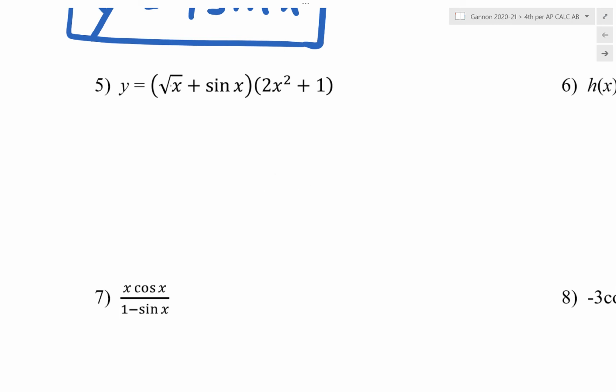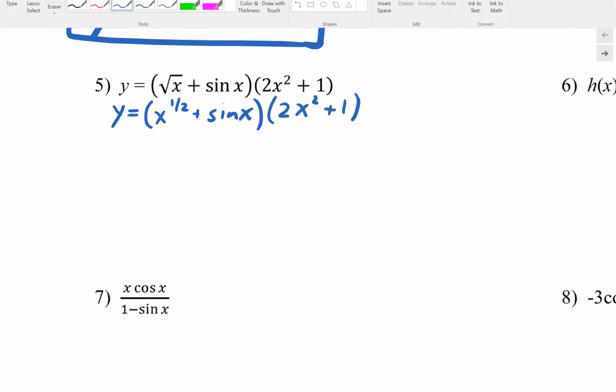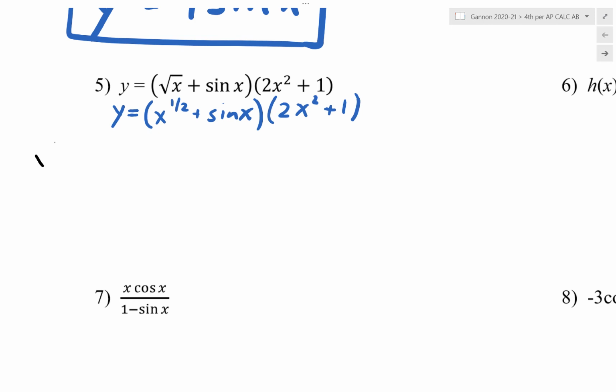We're going to use the product rule because we have the product of two functions. And I'm going to go ahead and rewrite this as x to the 1/2 plus sine of x times 2x squared plus 1. Now when we go to take the derivative, we're going to do y prime. So remember, the product rule is the derivative of the first function times the second function. So when we go to take the derivative of the first function, I'll do that in black. You're going to use the power rule for the x to the 1/2.